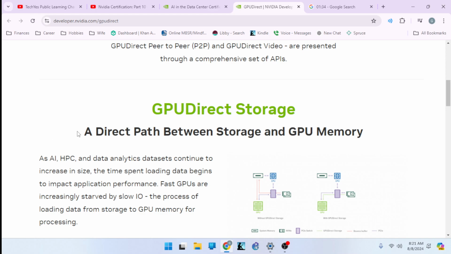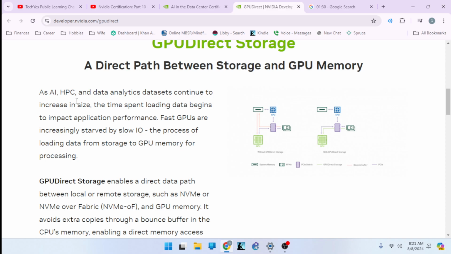GPU Direct Storage, a direct path between storage and GPU memory. As AI, HPC, and data analytics datasets continue to increase in size, the time spent loading data begins to impact application performance. Fast GPUs are increasingly starved by slow I/O, input-output, the process of loading data from storage to GPU memory for processing.